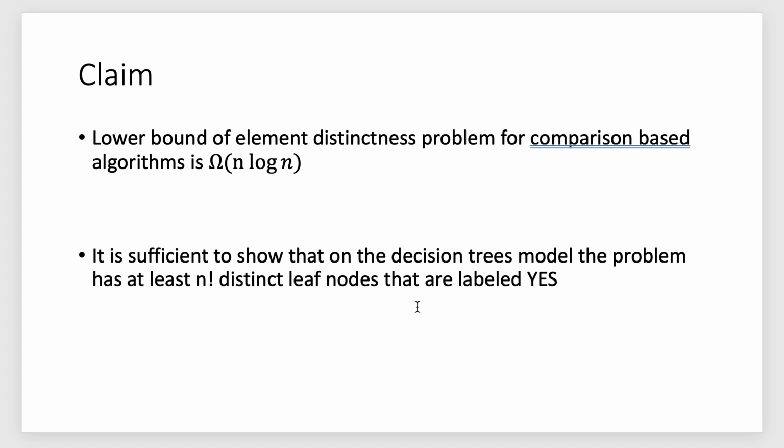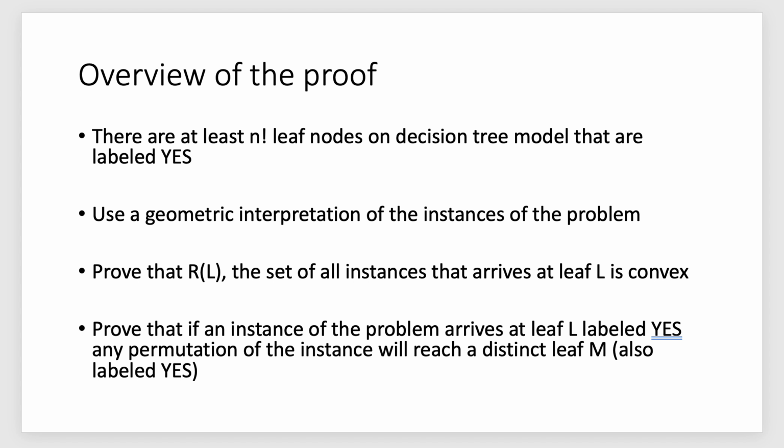If it has at least n factorial leaf nodes, then we know that the lower bound is n log n. So let's prove that it has at least n factorial distinct leaf nodes. How do we do it?